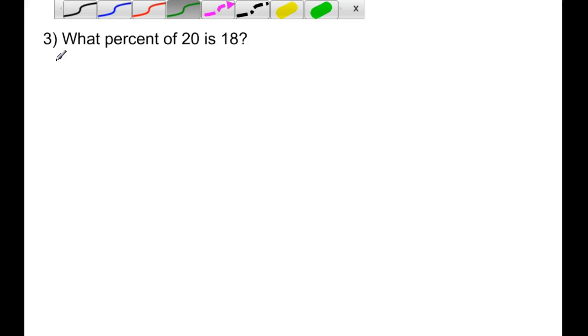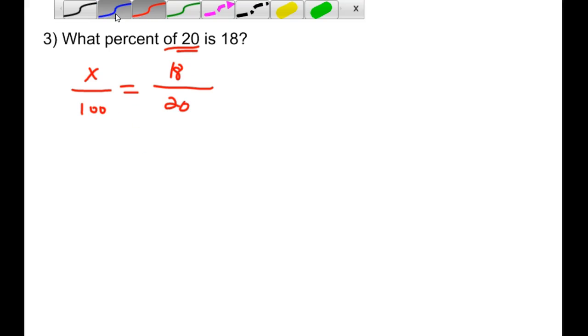Alright, let's move on. What percent of 20 is 18? So, what percent? You don't know the percent that's going to go over 100 this time. Of 20. "Of" is your keyword again, so that's going to be on the bottom. Is 18, so that's going to be on the top. Look at the relationship of the numbers if you want to.